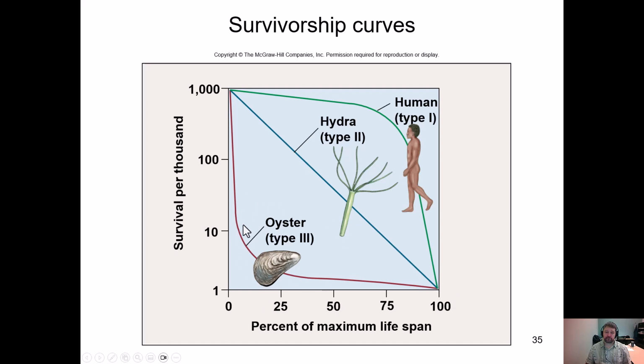So oysters, crabs, octopi, all kinds of things fit kind of a type 3 curve where maybe most of your offspring are going to die, but then once a few of them make it, they have a pretty high survivor rate until they meet their maximum life. Okay.